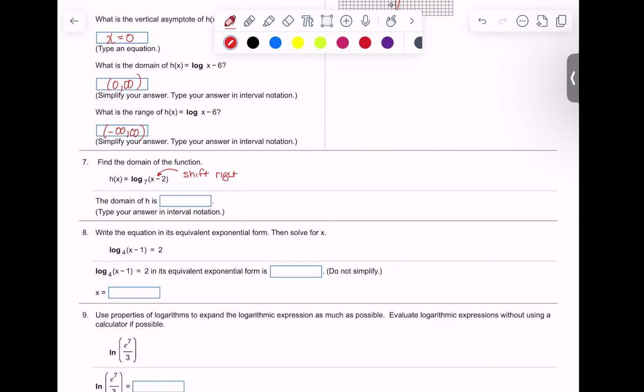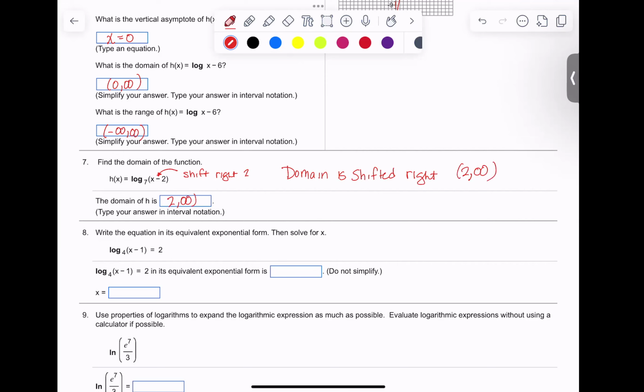If I shift to the right 2 units, then that domain that was 0 to infinity gets shifted to the right 2 units. So now it's not going to be from 0 to infinity, it's going to be from 2 to infinity.